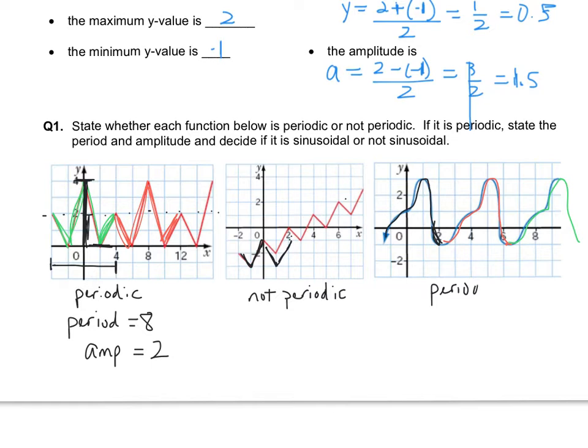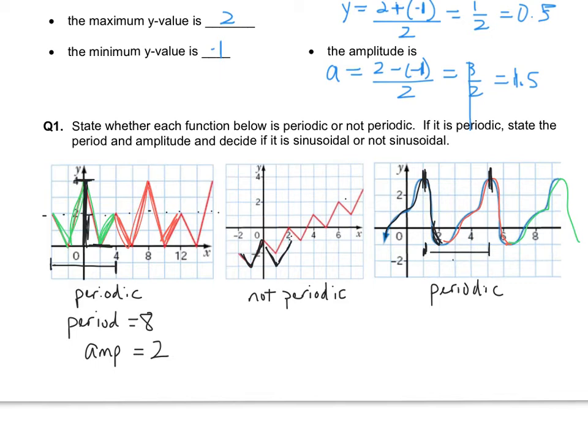And then if I look for the period, how long it takes to complete one full cycle, the way I've traced it out, it's kind of hard to see what the actual period is. So I'm going to change my focus and go from this max value to this max value and see if I can figure that out. This is a value of 1 here, and I'm heading over to here, which is 5.